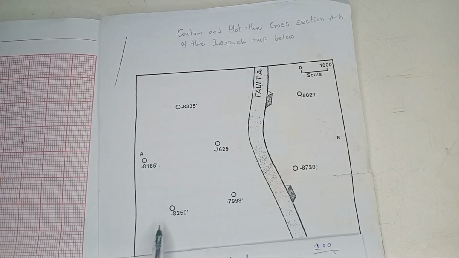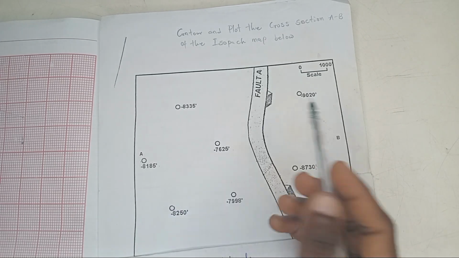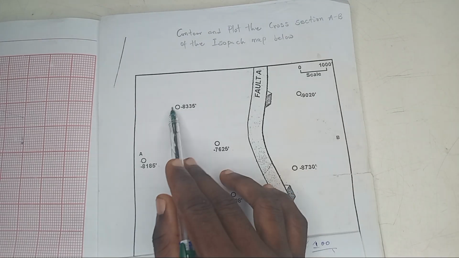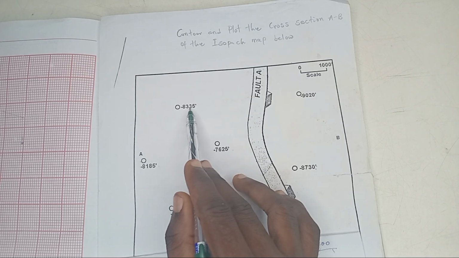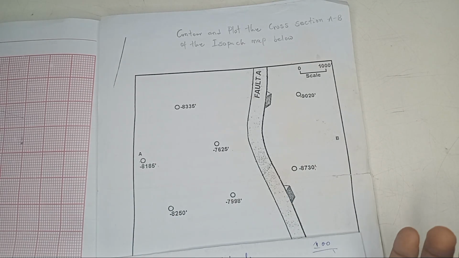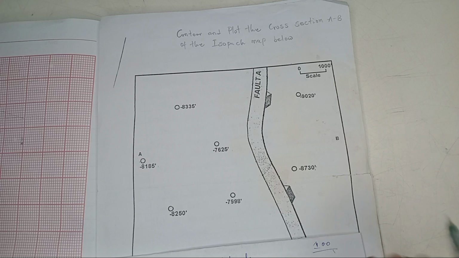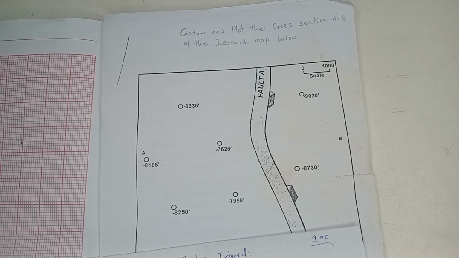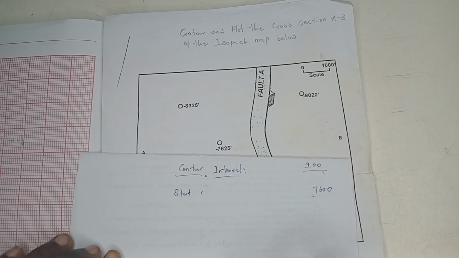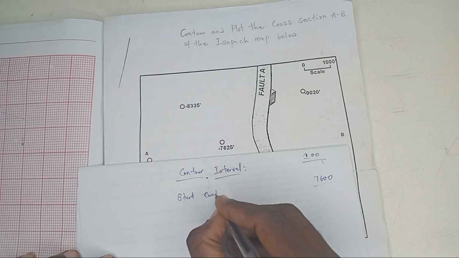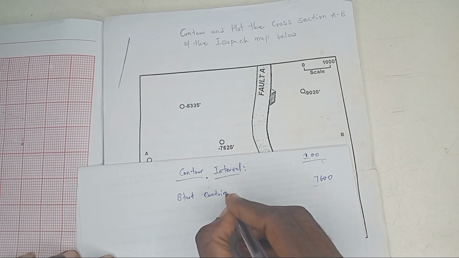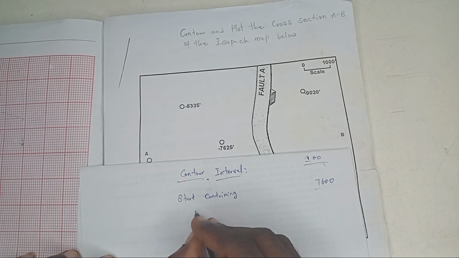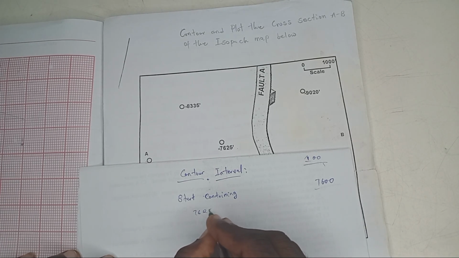Now the highest point here is what? 8335, right? So which means the next one above it, 8400, is where you're going to stop your contouring. You're starting your contouring at the lowest point, 7625.